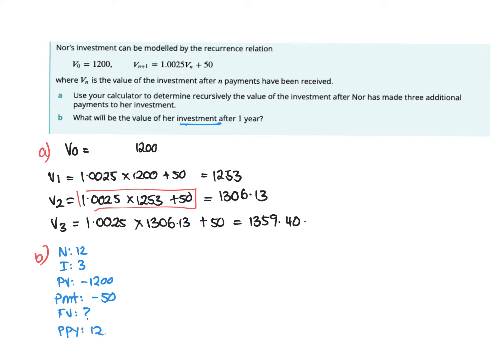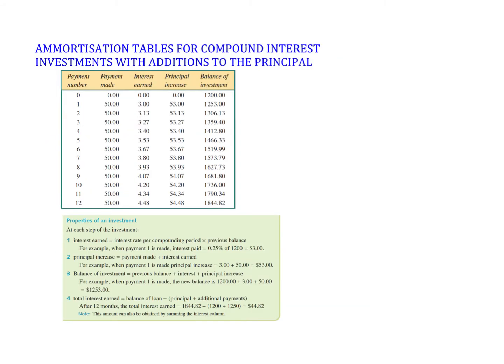Okay, so you end up with 1844.81. Okay, if you had have kept going recursively on your calculator, you would have found that V12 was also 1844.81.